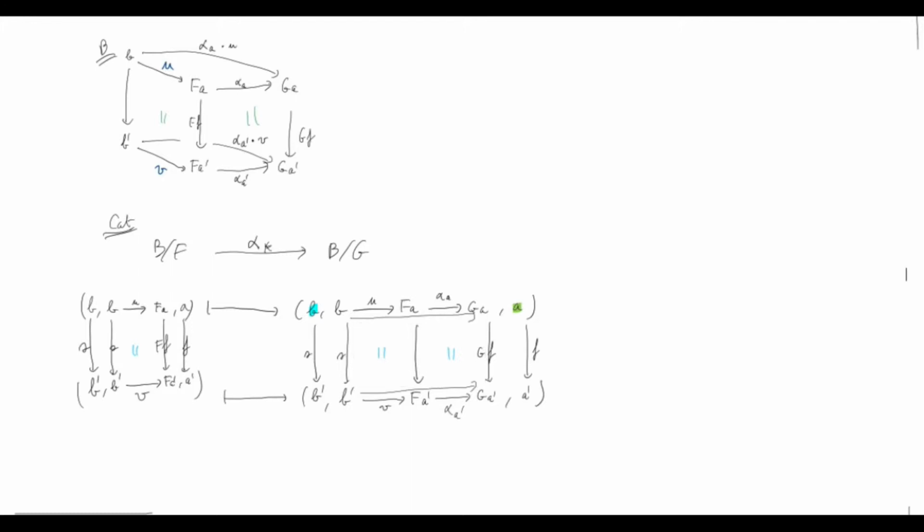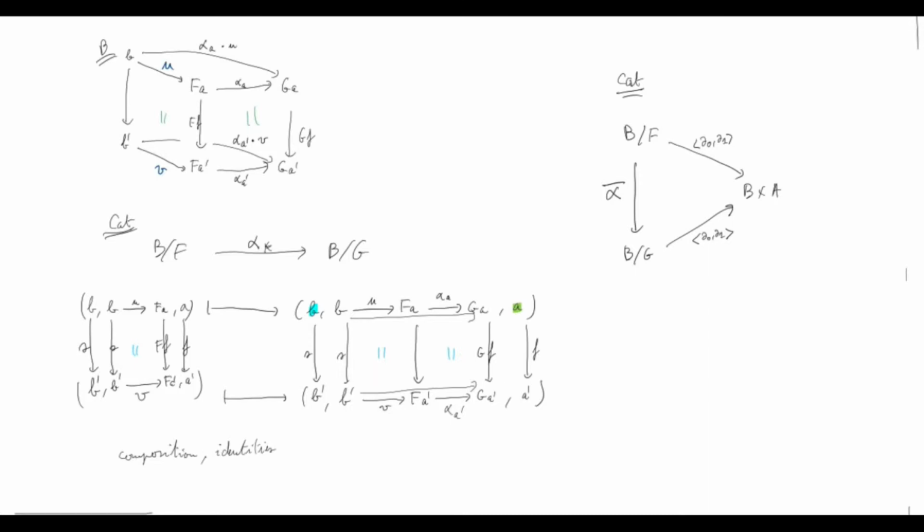So not only have we defined a functor alpha star, which respects composition, identity, etc., but it furthermore has the property that if we forget the middle component and just consider the domain and the codomain, the first and third components from our category B over F, this triangle in Cat commutes.